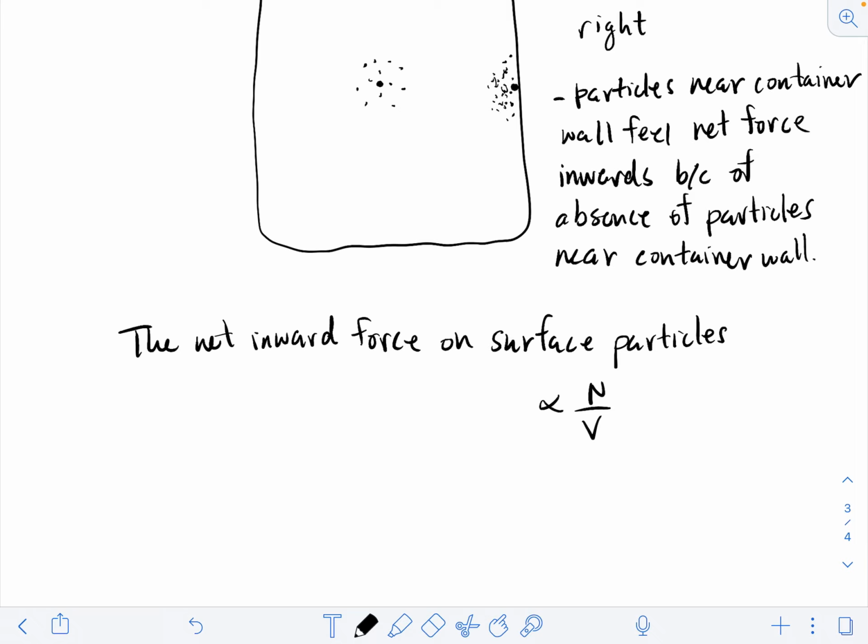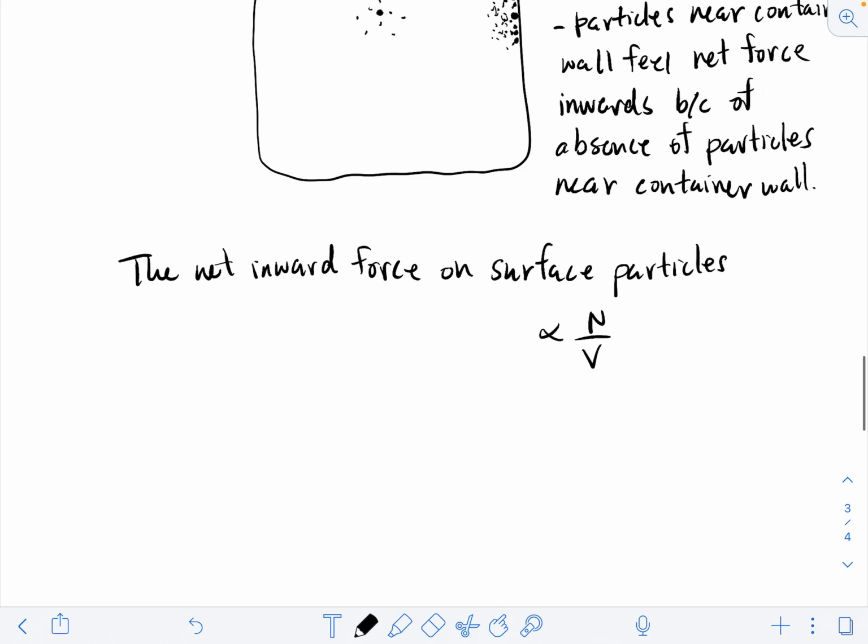As you increase the density, there are also more particles right at the surface, and so the number of surface particles increases. That means they're being pulled in more, and more particles are being pulled in, and the result is that the pressure on the vessel goes down.